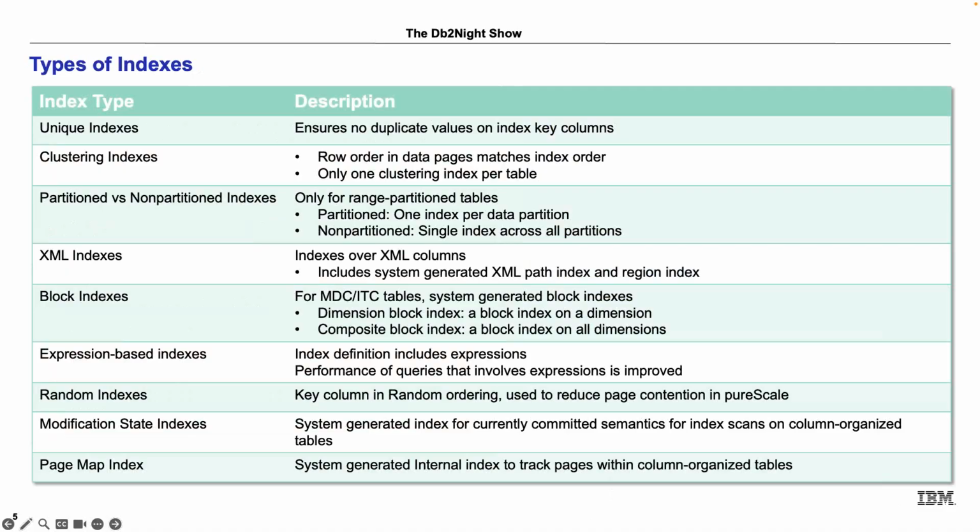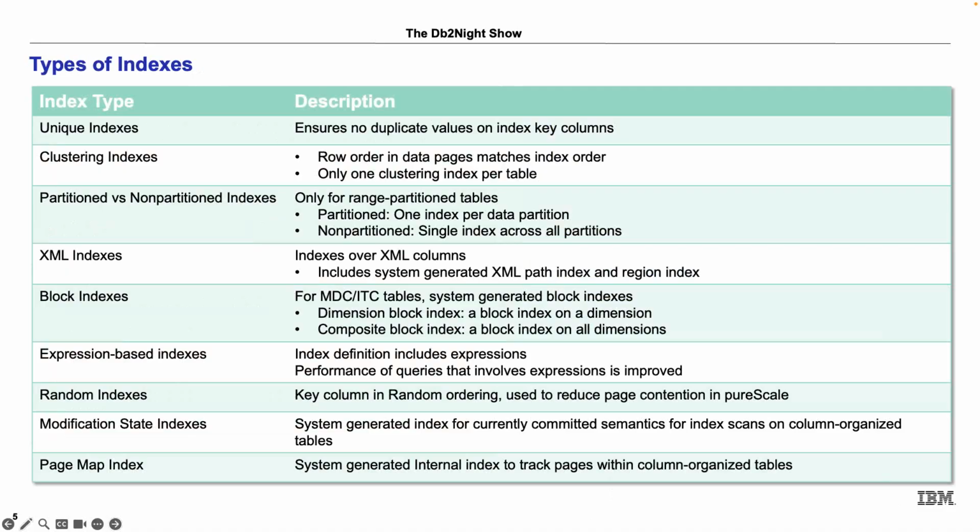Next, we have expression-based indexes, which pre-compute expressions for faster filtering, and random indexes, which are particular for reduced contention in pureScale. And then we have modification state indexes, which for CDE column-organized tables track visibility of changes under CS semantics, which is currently committed semantics, okay?